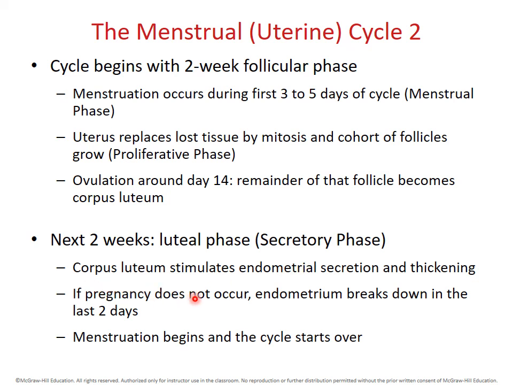If pregnancy does not occur, remember, the corpus luteum begins to break down, and as the corpus luteum breaks down and progesterone levels fall, the endometrium will begin to break down. And so at the end of this secretory phase, in the last 2 phases or so, the endometrium begins to break down, and at that point, at the end of 28 days, we go back to where we start with menstruation, and we start a new 28-day cycle with the next menstrual phase.